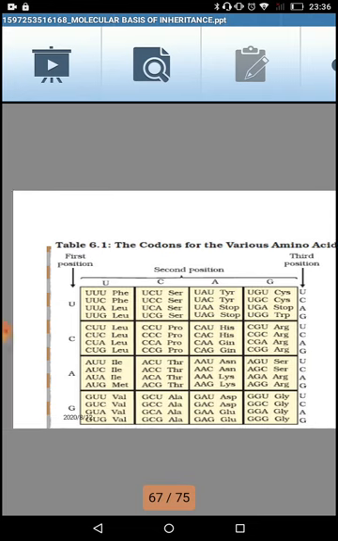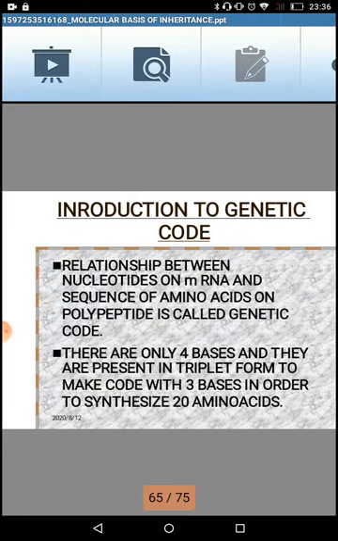If you talk about the definition, I am just reading this slide. The relationship between the nucleotides on messenger RNA and the sequence of amino acids on the polypeptide is called the genetic code, meaning that messenger RNA is going to carry these triplets on itself, and once it comes out of the nucleus and attaches itself to the ribosome for the process of translation, a polypeptide chain is formed.